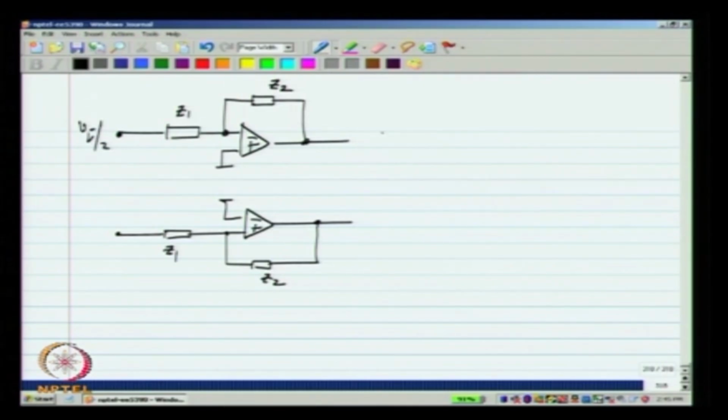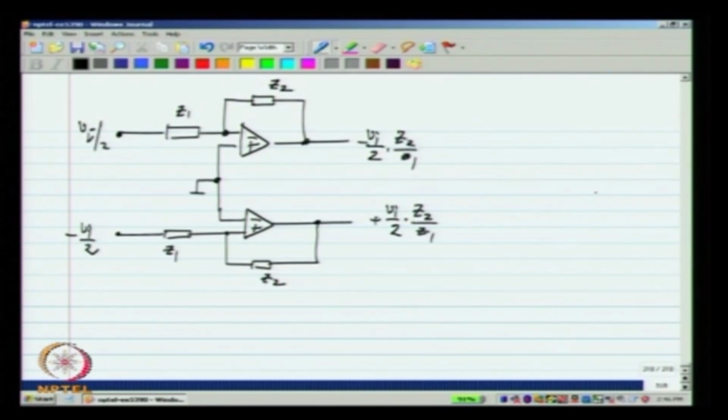If I have Vi by 2, I get Vi by 2 Z2 by Z1, the negative of that, and if I have minus Vi by 2, I get this voltage at the output. Okay. Now, these two voltages are connected to ground.